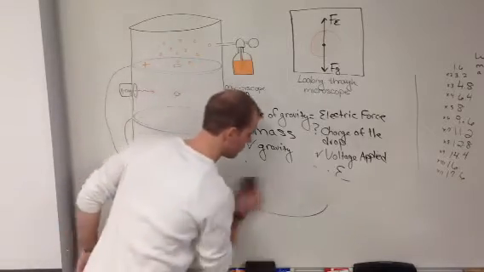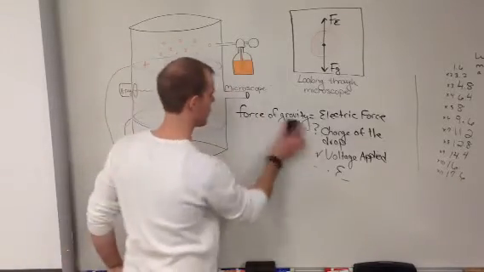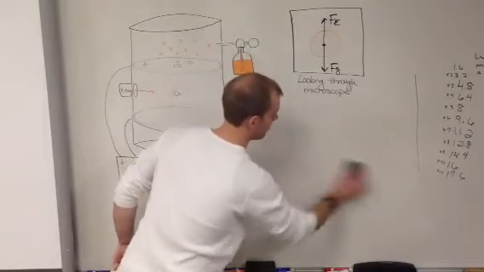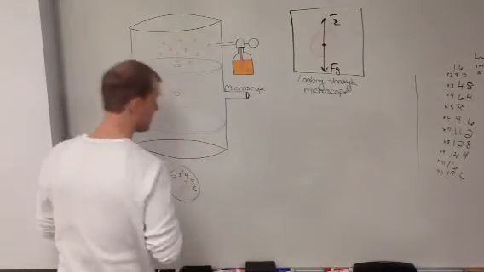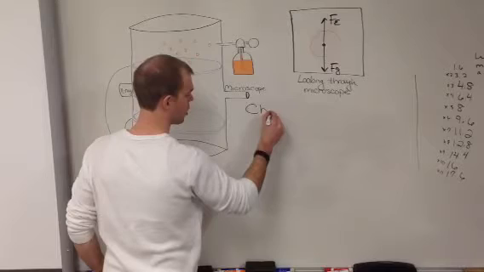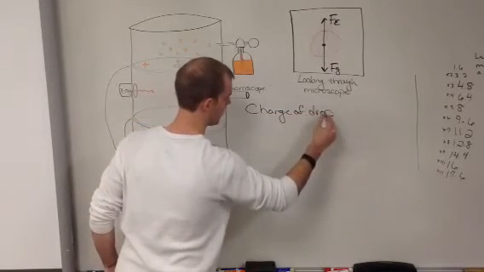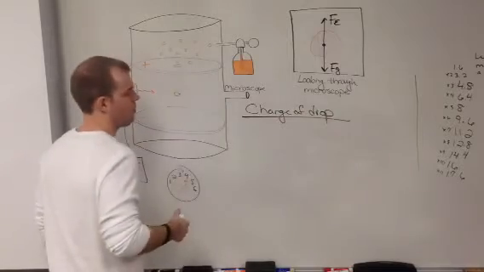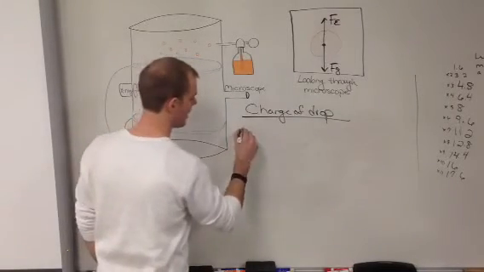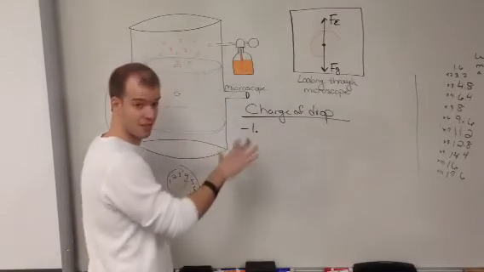And this is where the key aha moment comes in. What he has is a whole mess of data about the charge of the drop. He says one of my drops is negative... This is going to be a very simplified way of it.